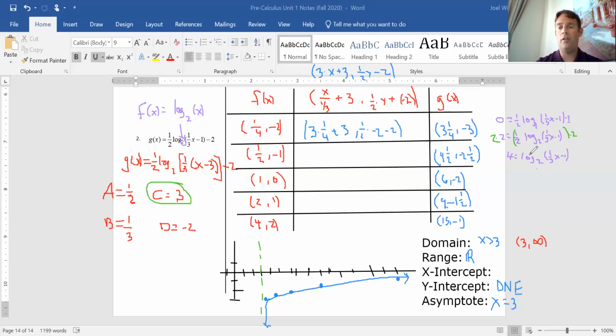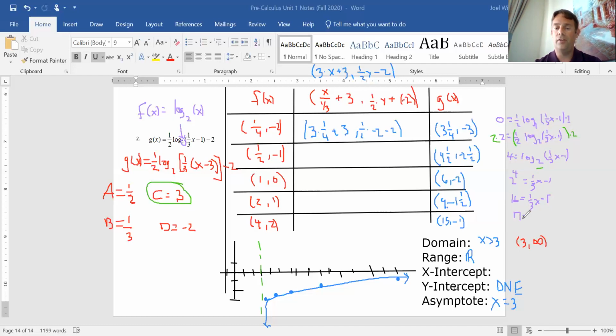My base of my log is going to become the base of my exponent. So I have 2 to the 4th equals 1/3 x minus 1. So 2 to the 4th is 16.